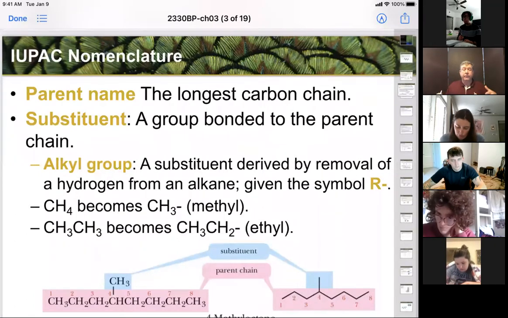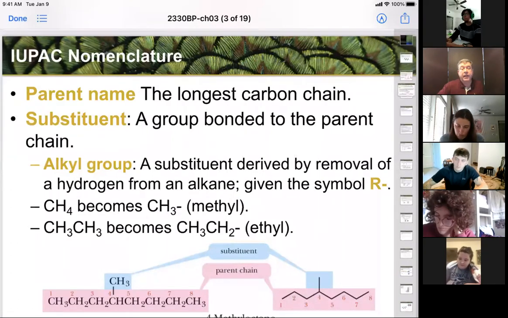Anything that's off of that long continuous chain, like in a constitutional isomer, becomes a substituent. Okay, so when we have something off of that main chain, so let's say you have 10 carbons along your main chain, making it decane, but then you have one carbon hanging off somewhere in the middle.